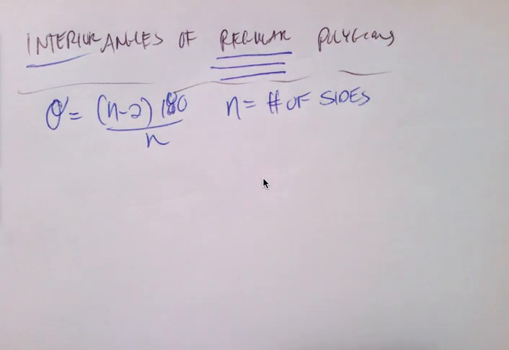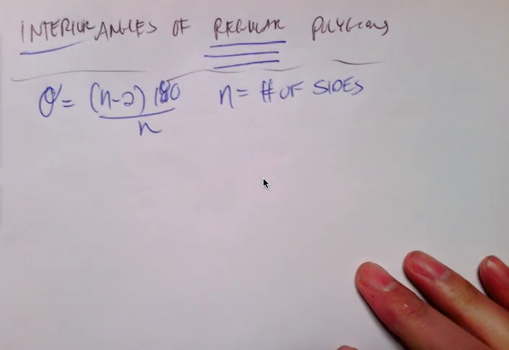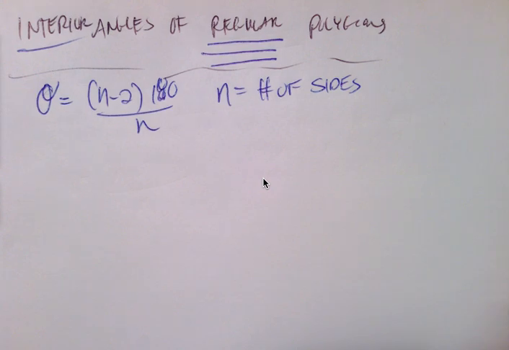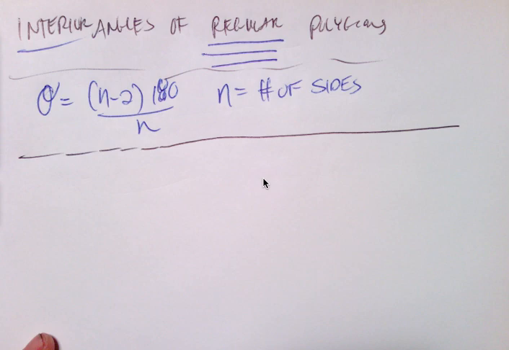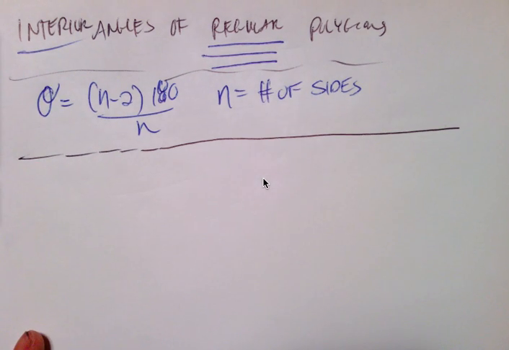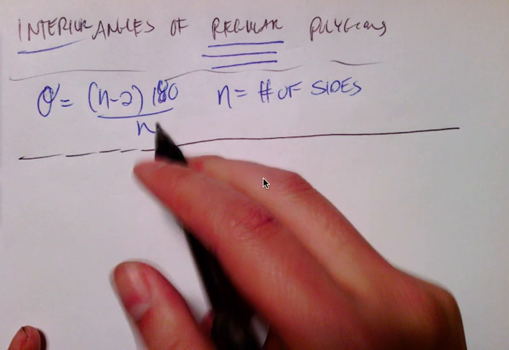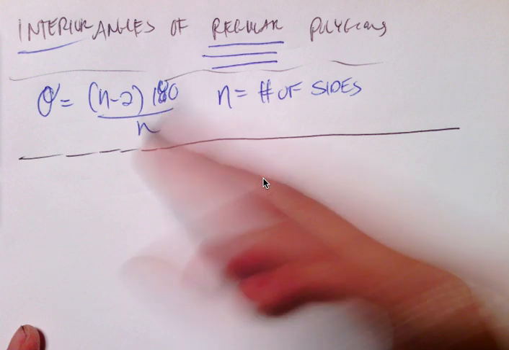Now I'm going to give you a real quick example. If they give you one interior angle of the polygon and want you to figure out the number of sides, you can go backwards, but you have to do a little bit of algebra, which is kind of confusing for students.